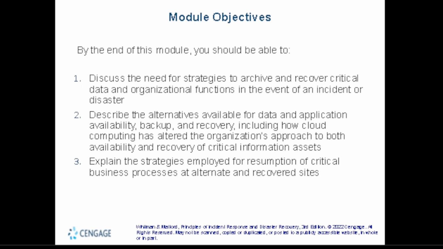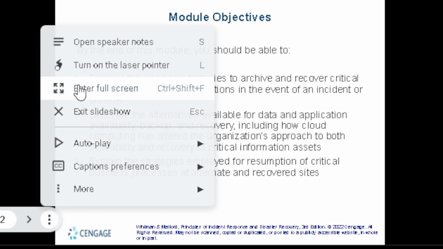But there's things you have to know about with the cloud. You're much more dependent on your network, right? Because you get to the cloud through your network. And what your strategies are to be resuming business at an alternate site, or if you are at the alternate site, how do you get back to the main site?